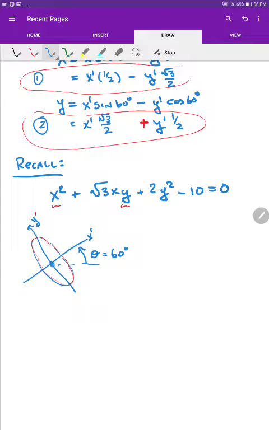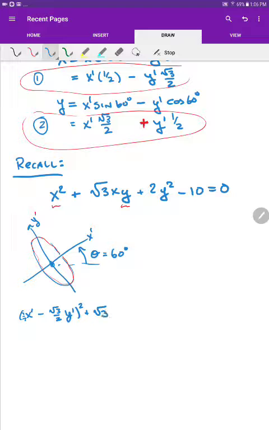So, for example, x squared, that's equation 1 squared, means I'm going to get (1/2 x prime minus square root of 3 over 2 y prime) squared.